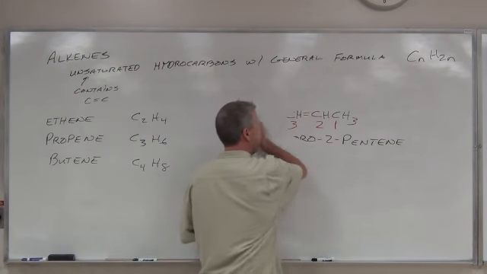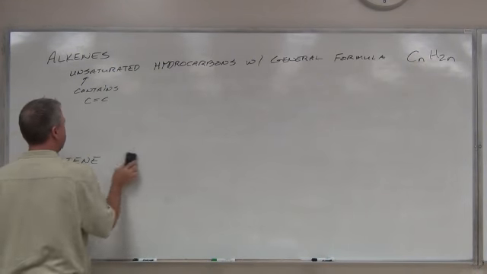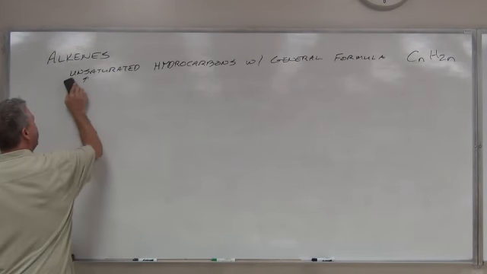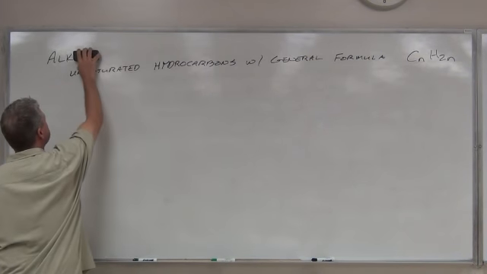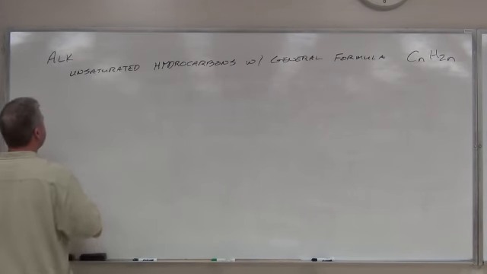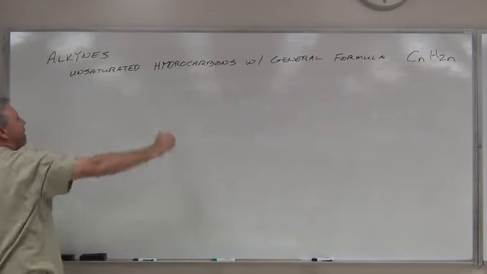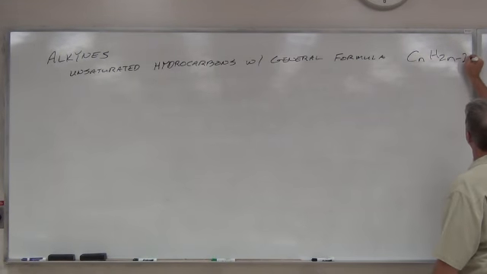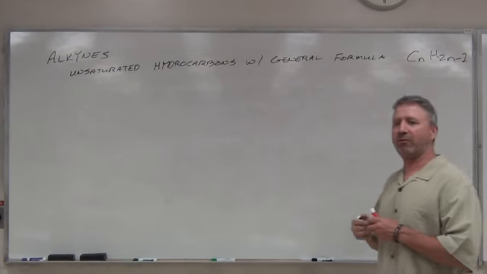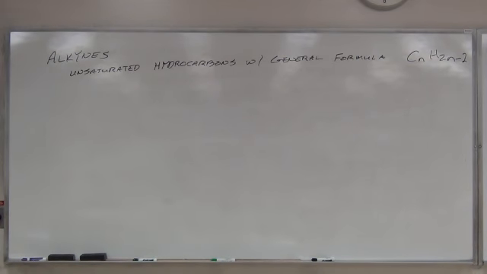Alkynes. These are unsaturated hydrocarbons with a general formula of CnH2n-2.